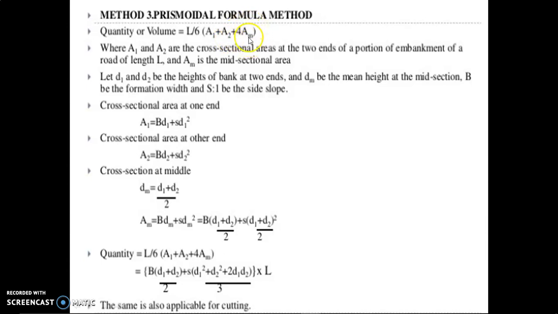AM is the average, meaning when we calculate AM, here we take the mean depth, meaning (d1 plus d2) divided by 2 is equal to dm, that is the dm part. So we calculate the quantity with the help of this prismoidal formula method.